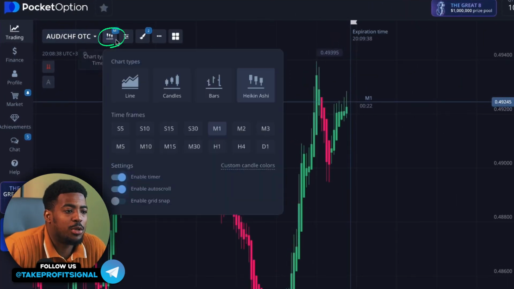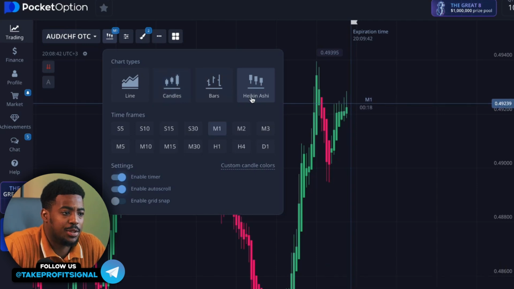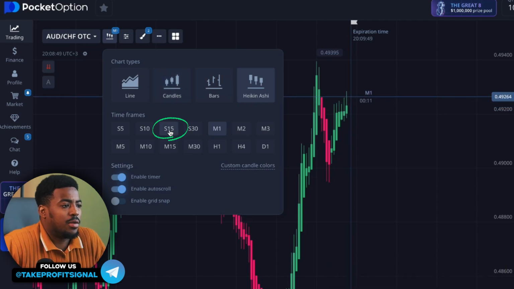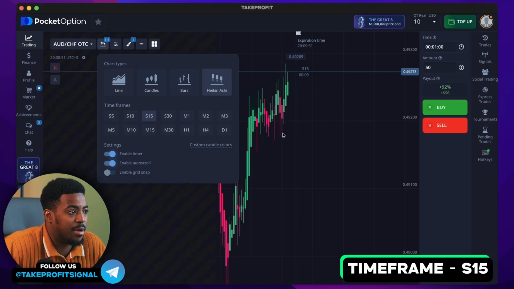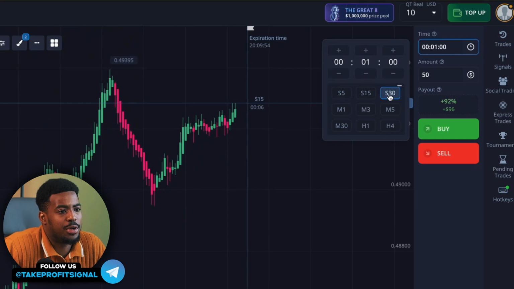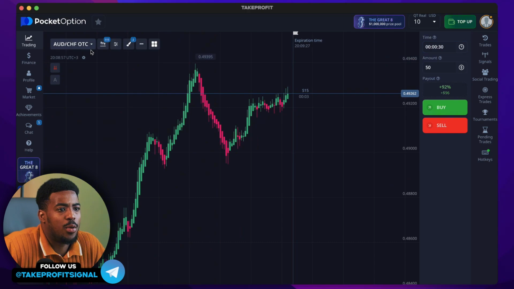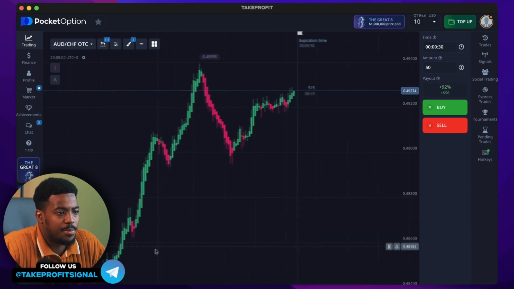So we switch from the candlestick chart type to Heiken Ashi and turn on the S15 time frame. Next, we change our trade time to 30 seconds. We will have very short trades and we need to find a chart that moves in waves like this.